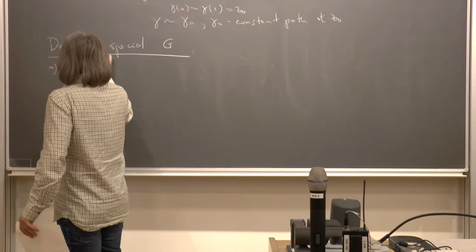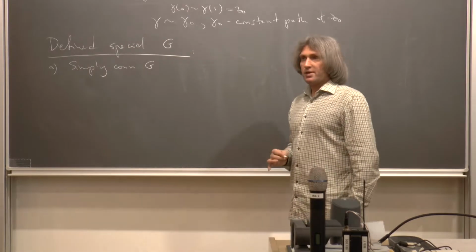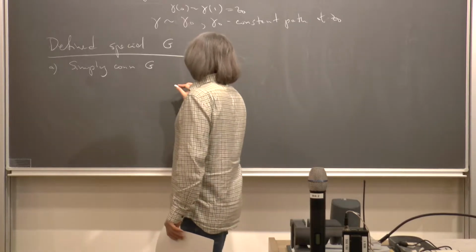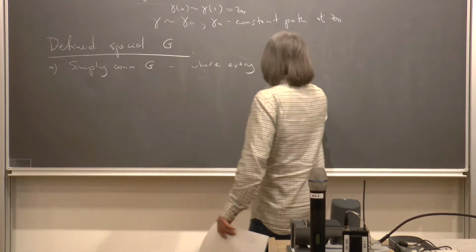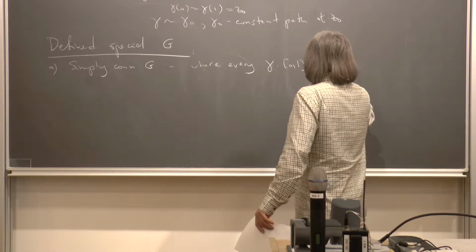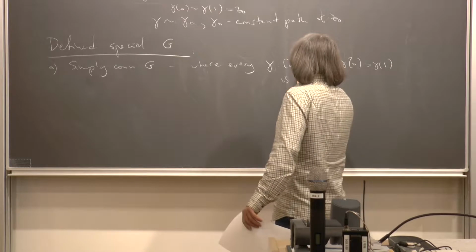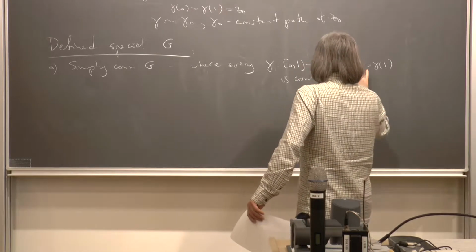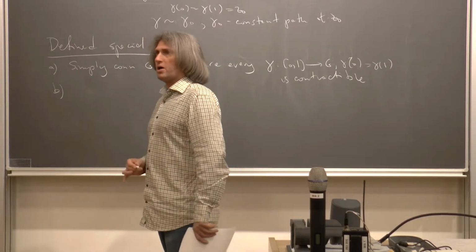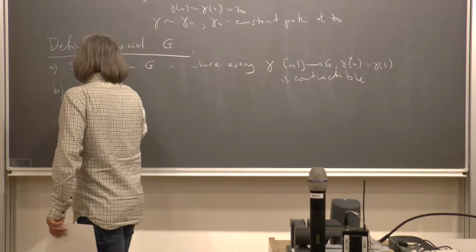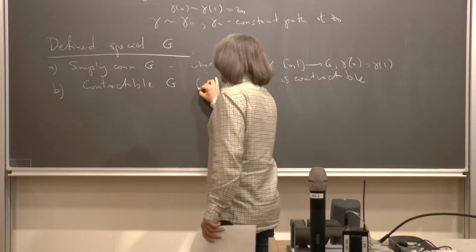Simply connected: this is the most important one, although the least easy to verify, where every loop is contractible. Then there's another kind which I won't talk about in detail, contractible G. Another word for them, by the way, is null homotopic.